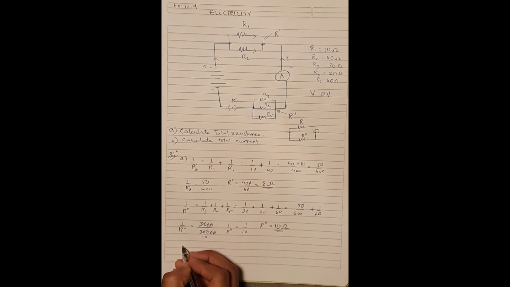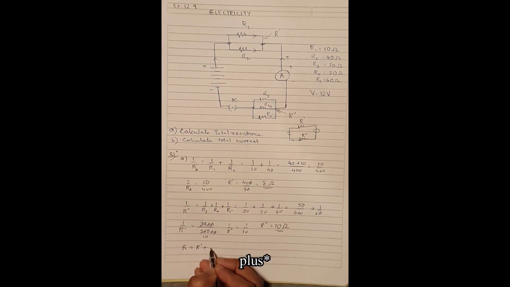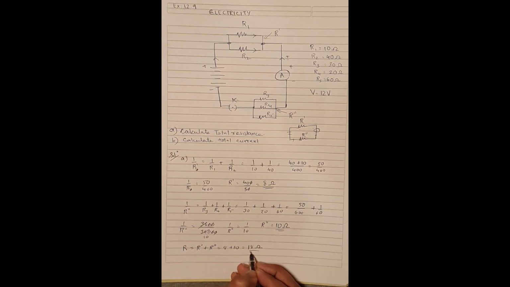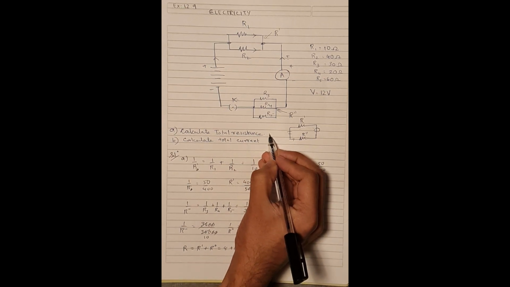So right now the total R is R prime plus R double prime, which is equal to 8 plus 10, equal to 18 ohms. So we found the total resistance.